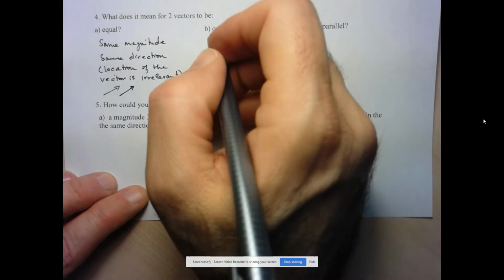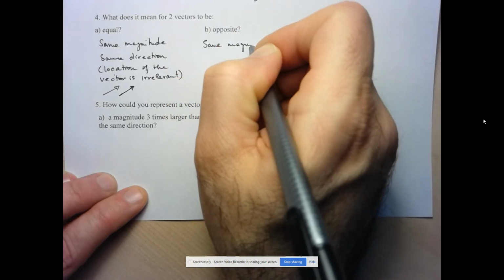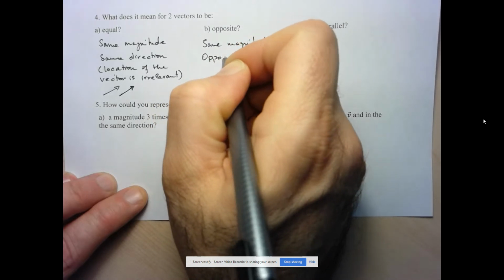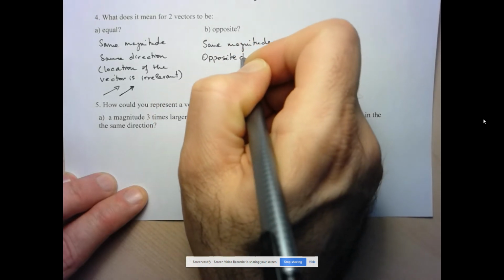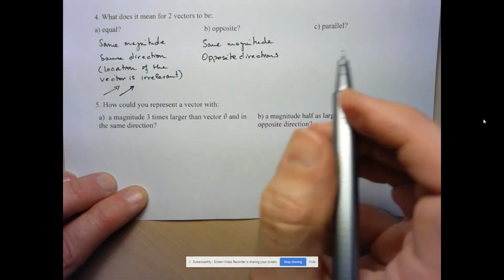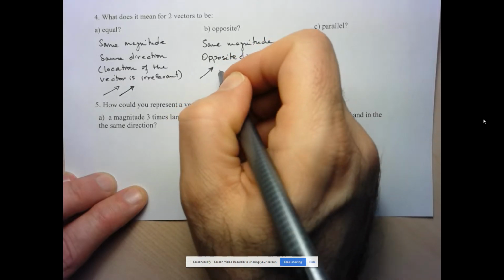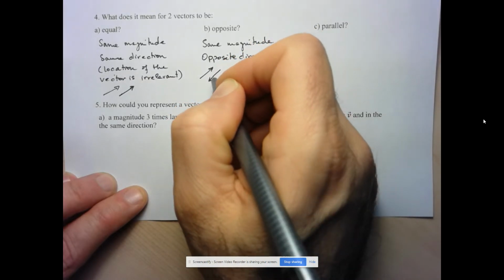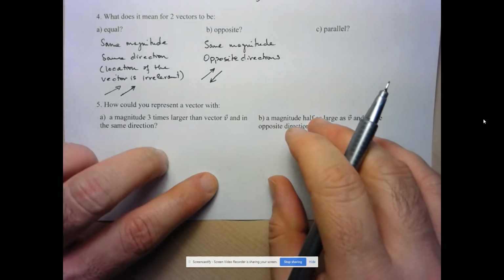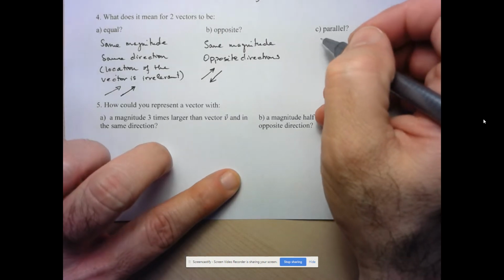Okay, opposite vectors would have the same magnitude, but opposite directions. Okay, so here, this vector and that vector are opposite, same magnitude, opposite directions, and parallel vectors are any vectors that have the same or opposite directions.